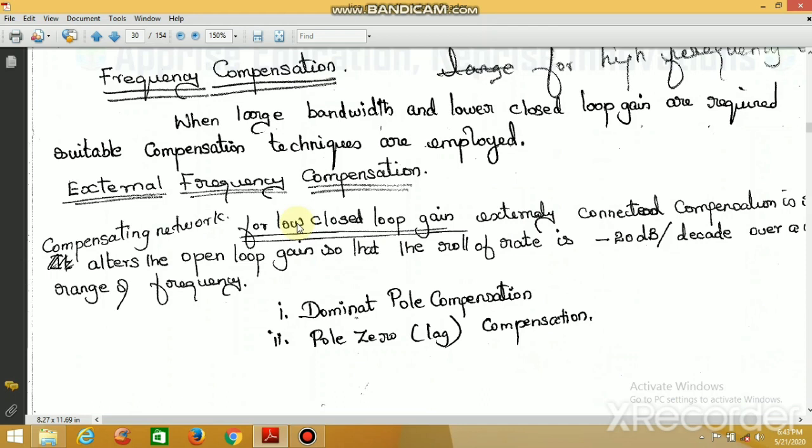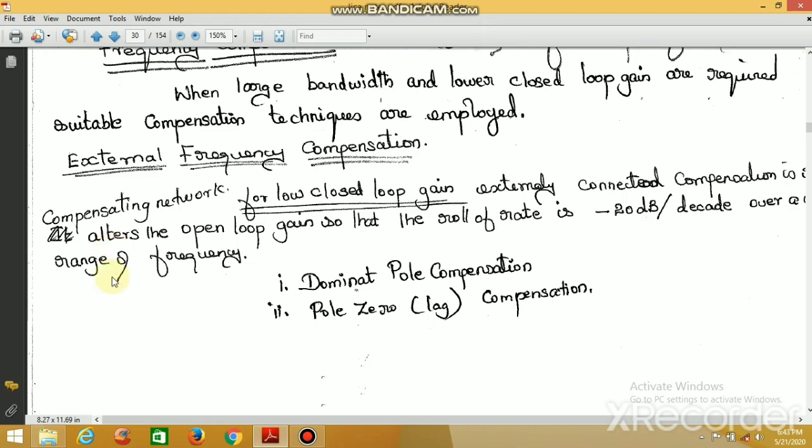It is divided into mainly two types. One is called dominant pole compensation, and another one is called pole zero compensation or lag compensation. It mainly alters the open loop gain so that the rate of minus 20 dB per decade will be slightly decreased when compared to the original one.